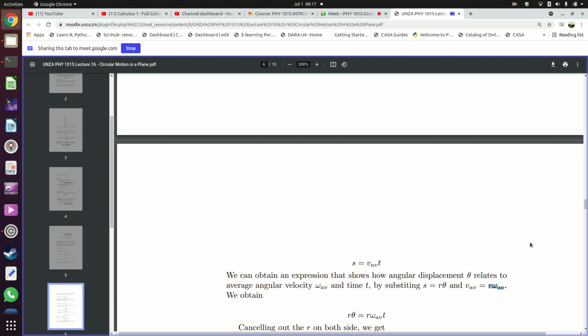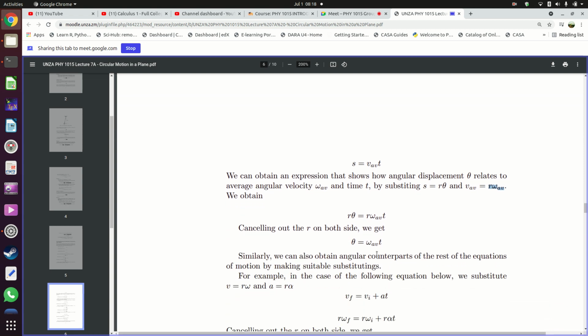When we substitute for S, we put r theta. Then for the average velocity, we substitute r omega average. When we do that, we end up with r theta is equal to r omega average t.